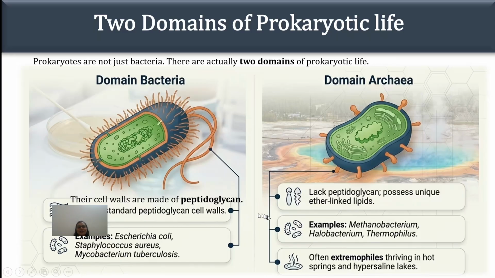In prokaryotic cells, there are two domains: bacteria and archaea. When we talk about the domain bacteria, their cell wall is made up of peptidoglycan, and examples include Escherichia coli, Staphylococcus aureus, Mycobacterium tuberculosis and Salmonella typhimurium.